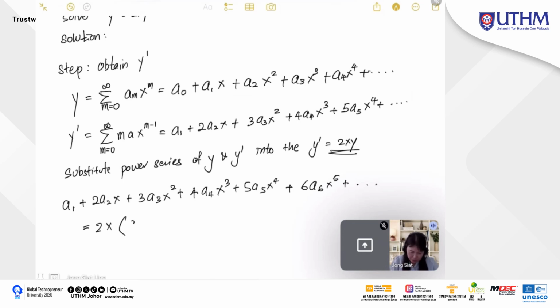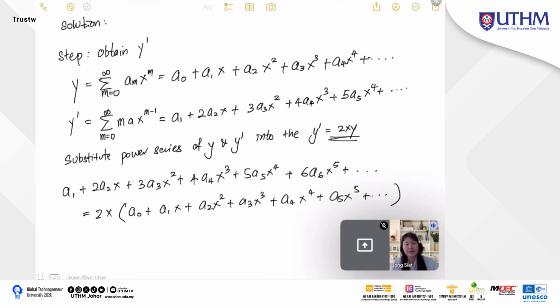Your y is a0 plus a1 x plus a2 x^2 plus a3 x^3 plus a4 x^4 plus a5 x^5 plus so on. So you finish step 1.